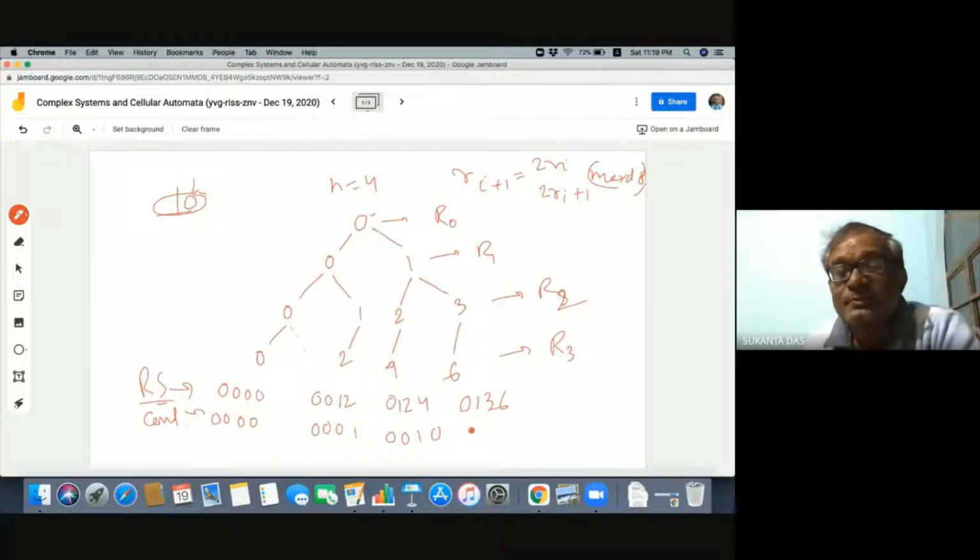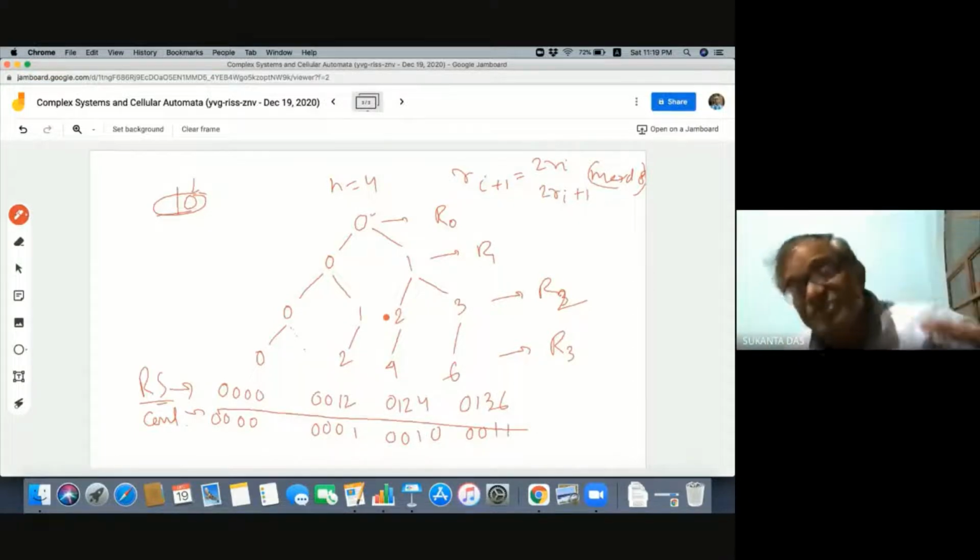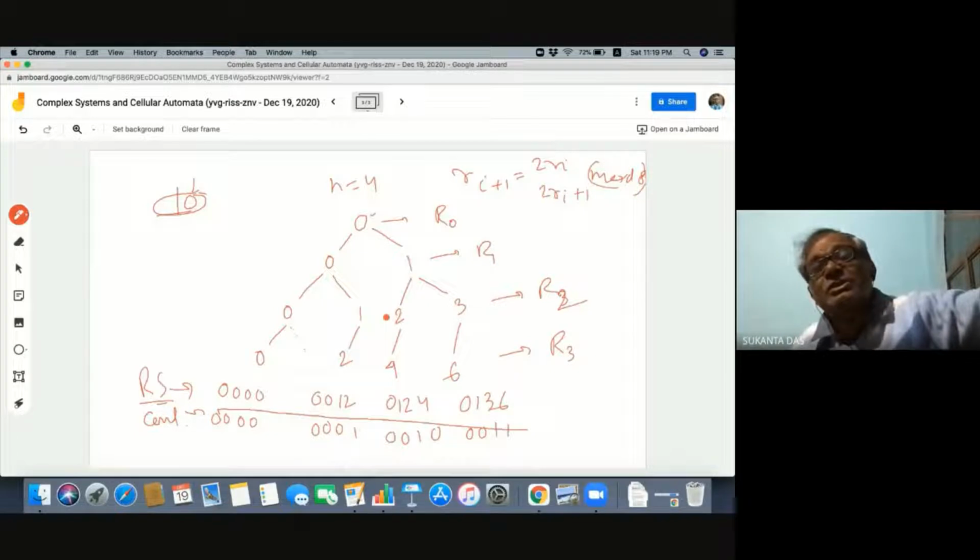And this is 0 0 1 1. So these are the four configurations. You don't need to check it, because you have followed the logic of constructing the sequence by analyzing the reverse way.